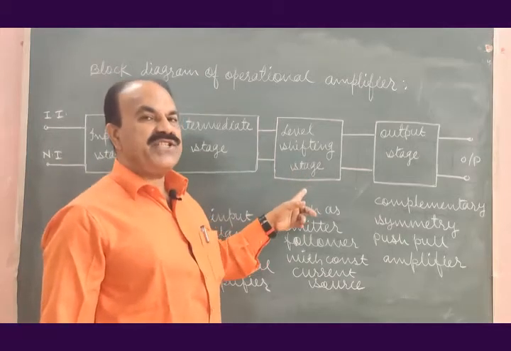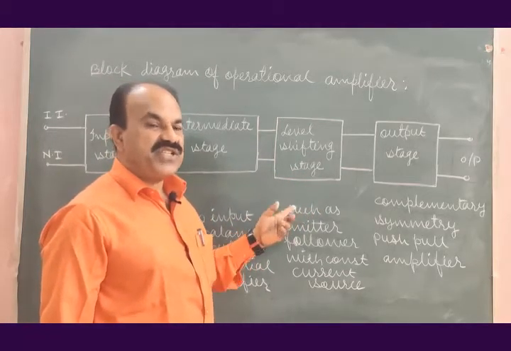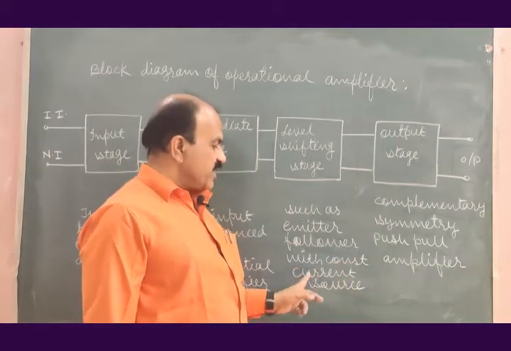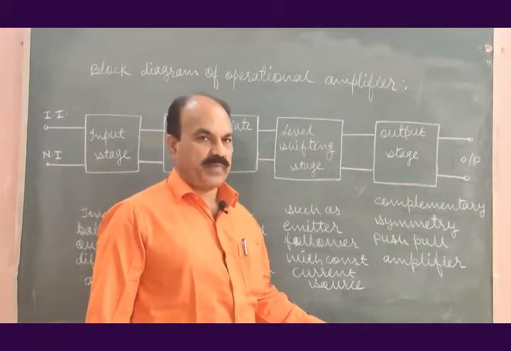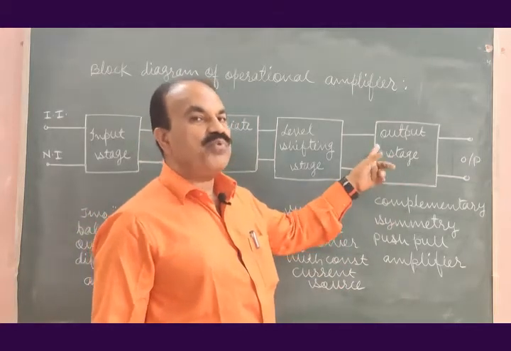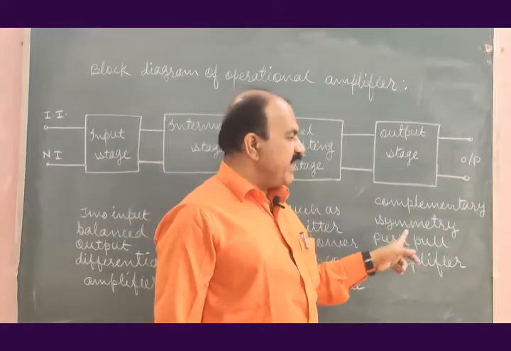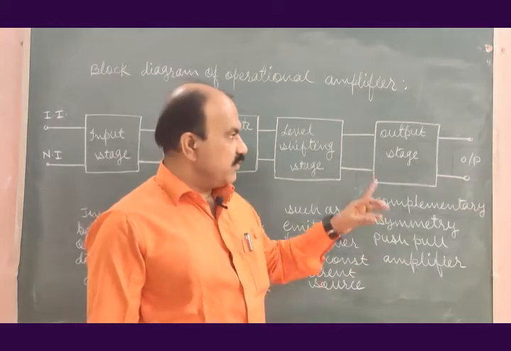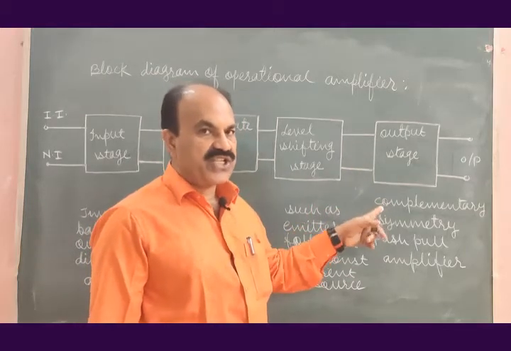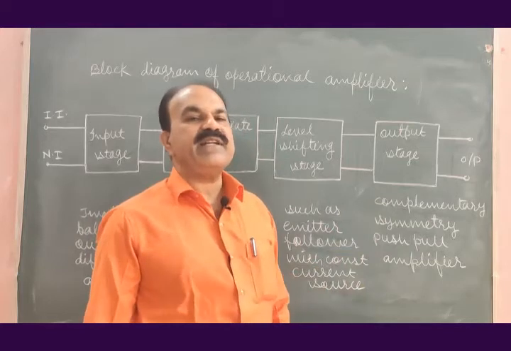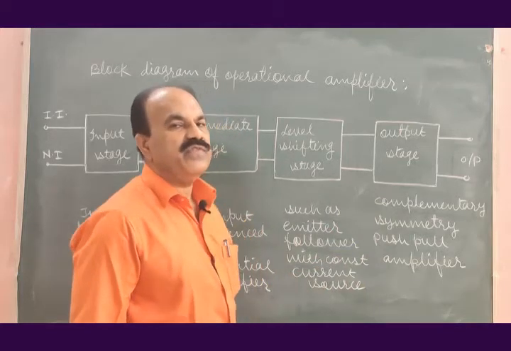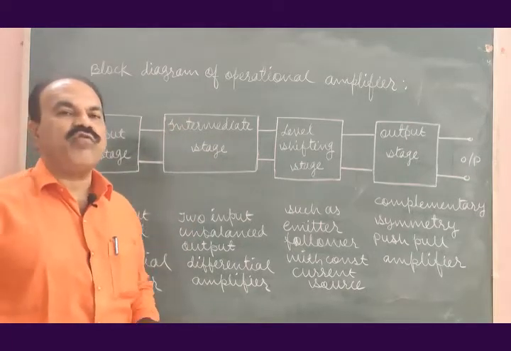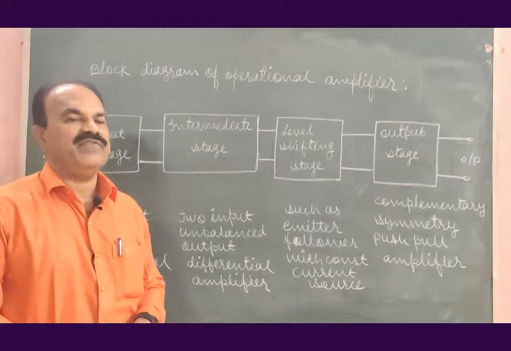Level shifting stage is a circuit such as emitter follower with constant current source. The 4th stage, output stage, is a complementary symmetry push-pull amplifier. This is the block diagram for operational amplifier.